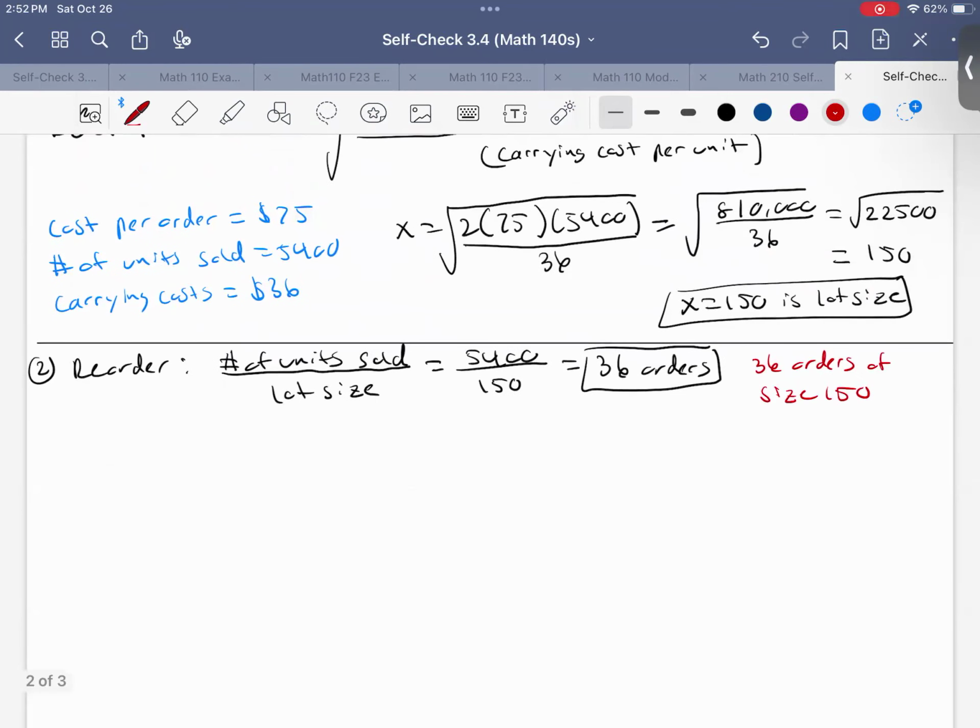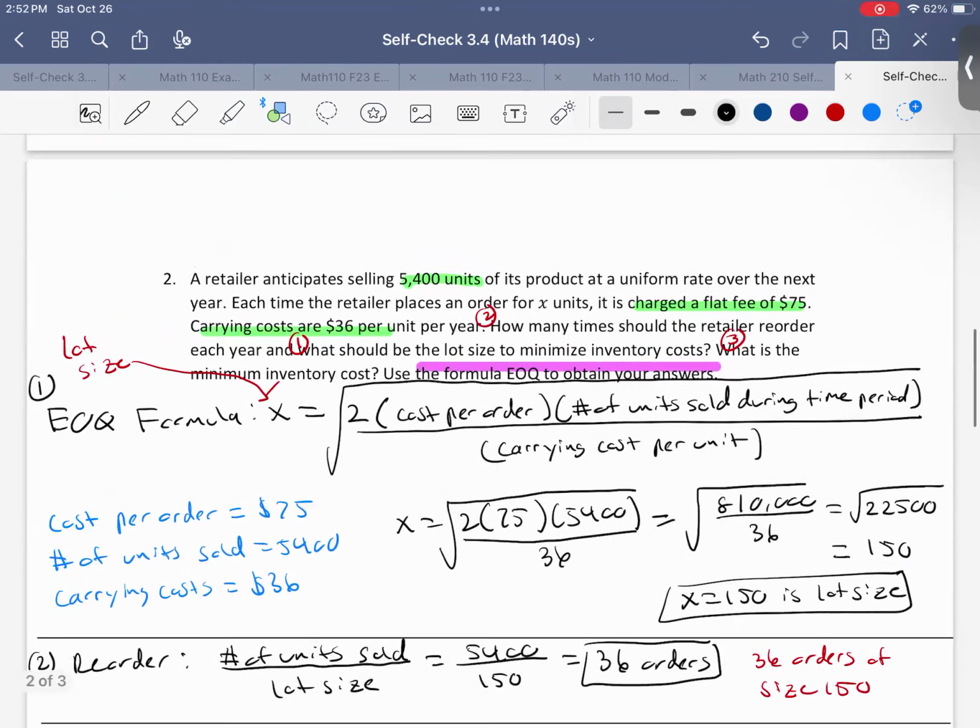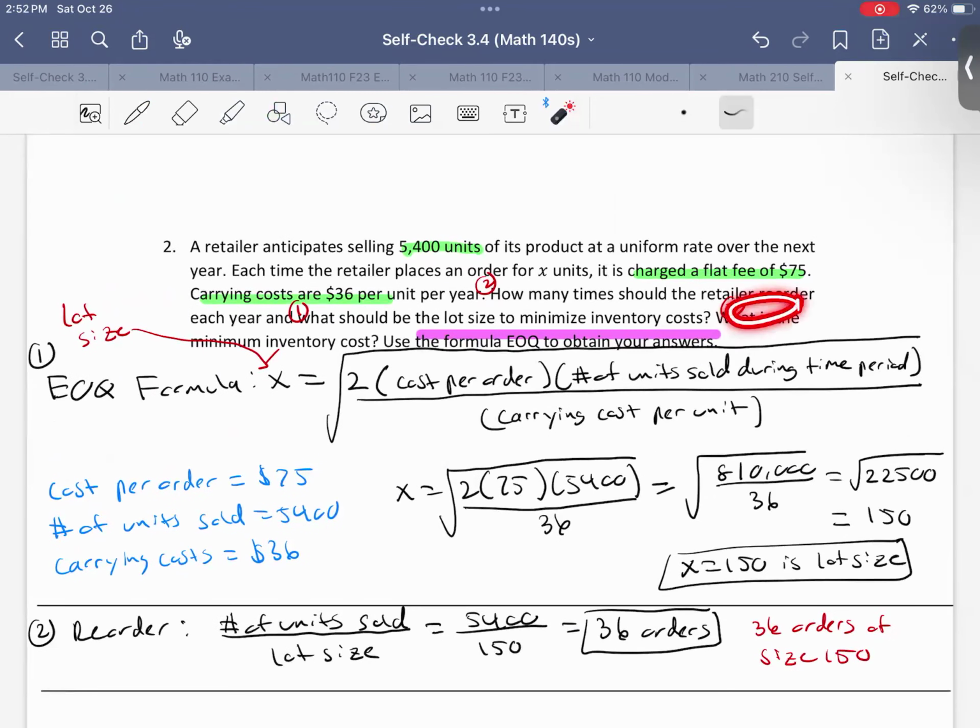All right, so the last question is asking, what is the minimum inventory cost? This is where we still need to develop that inventory cost function and plug in our lot size, the minimum cost.